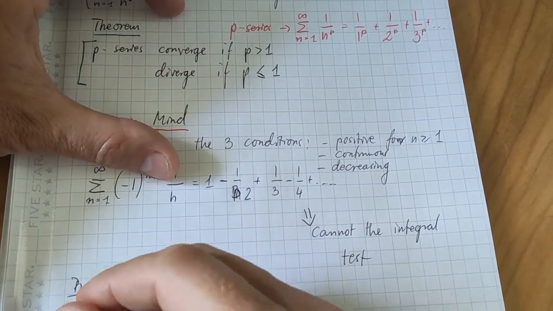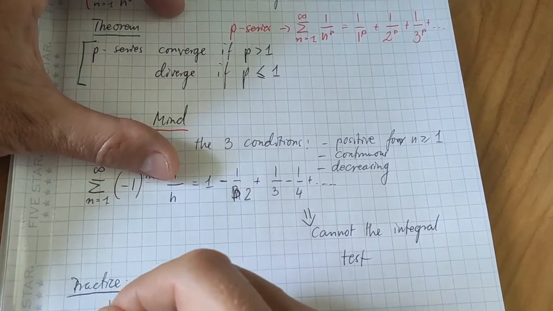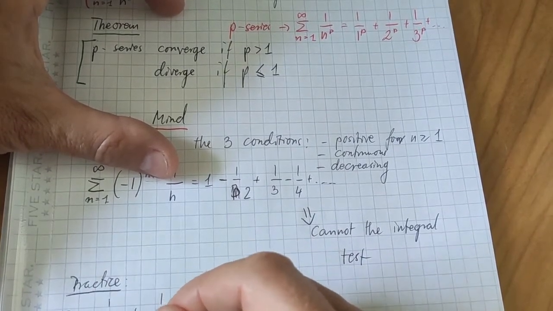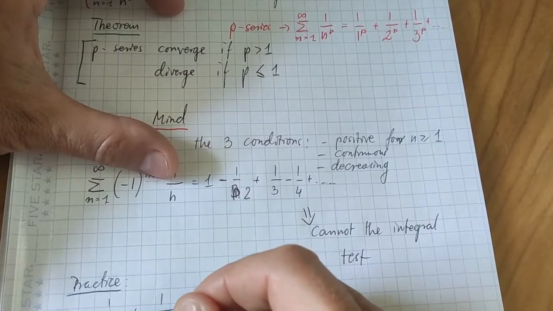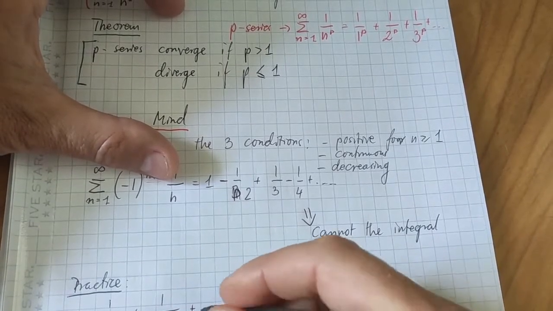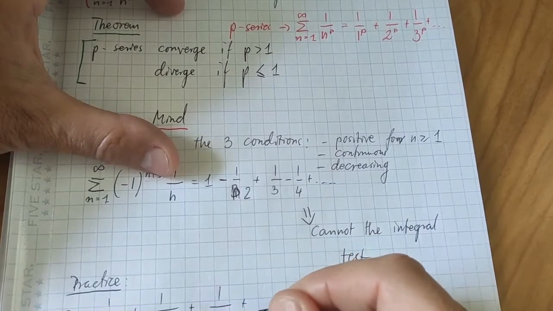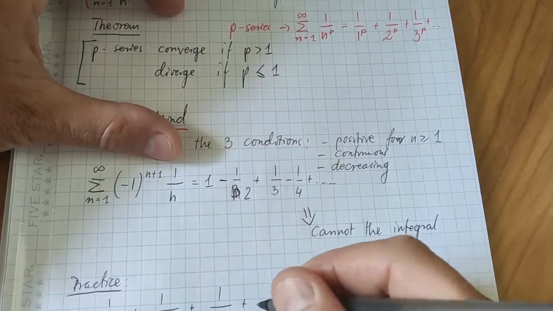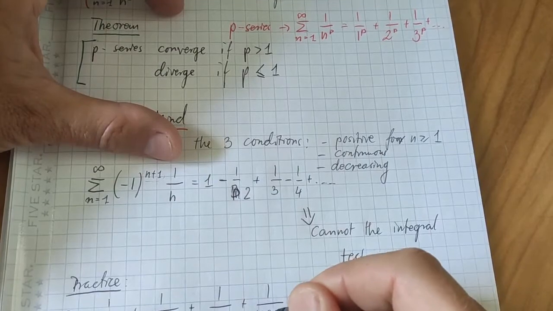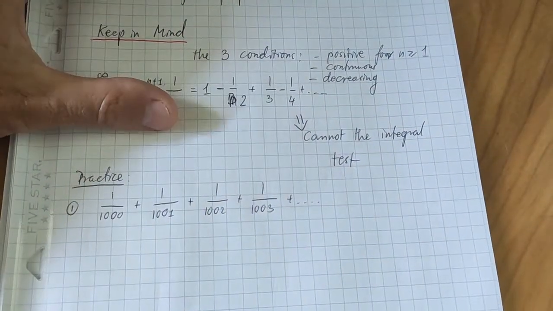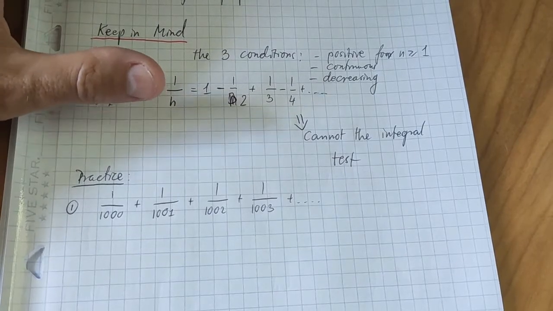This is my series, so it goes like this: 1/1000 plus 1/1001 plus 1/1002, 1/1003, and it keeps going. And the question is, does it converge or diverge?